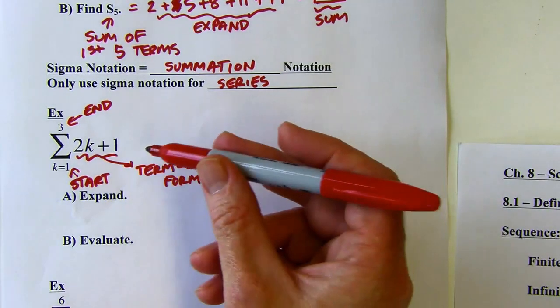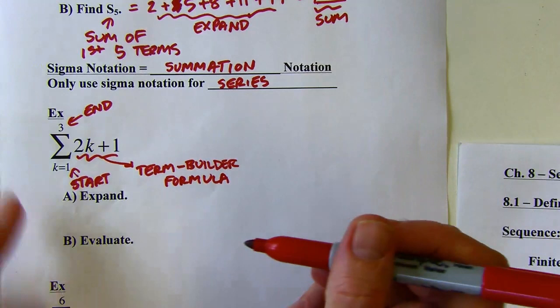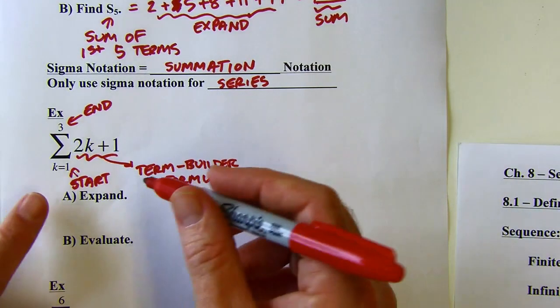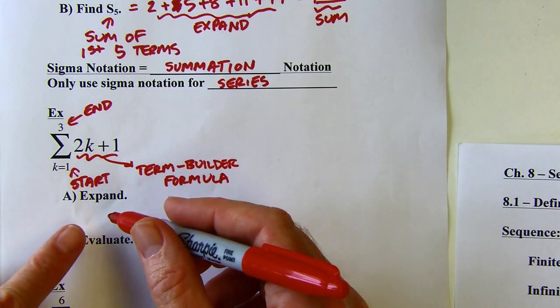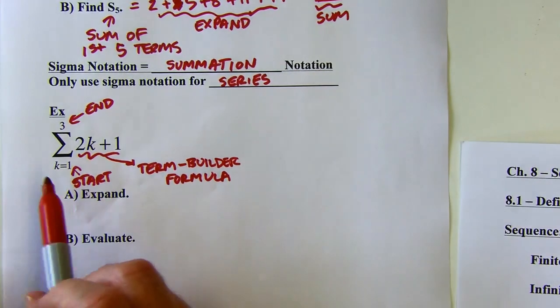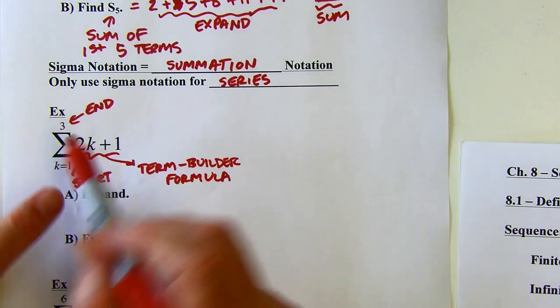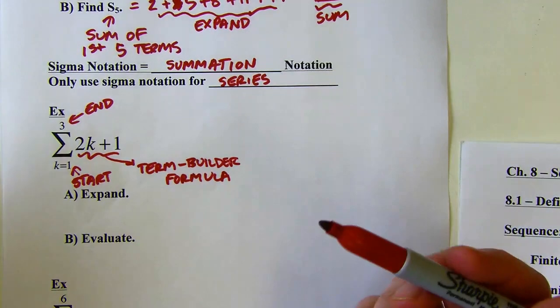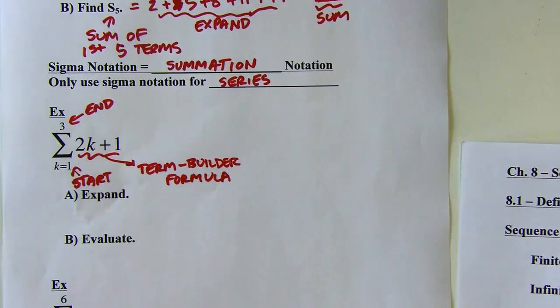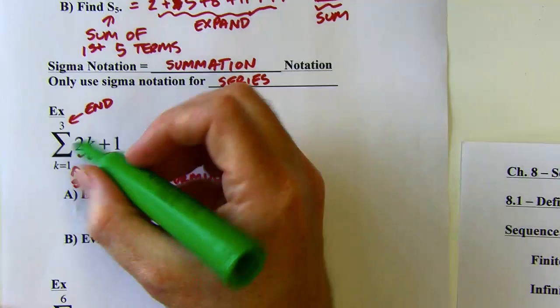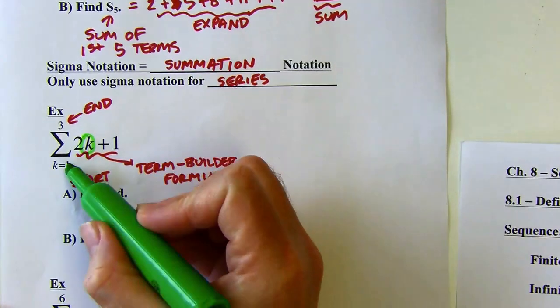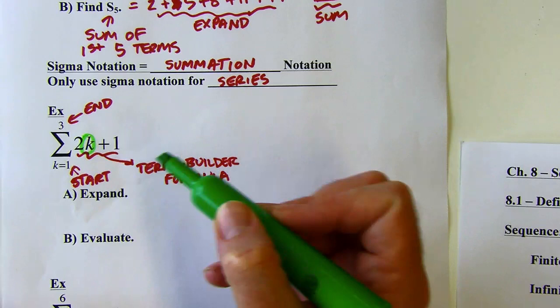This is a little expression that will help me build the different terms. So when I'm asked to expand this, I'm just going to plug in all of the integers starting with 1 and ending with 3. So the integers from 1 to 3 are just 1, 2, and 3. And the place I'm going to plug those in is right here because my k values will go from 1 to 3, just the integers from 1 to 3.